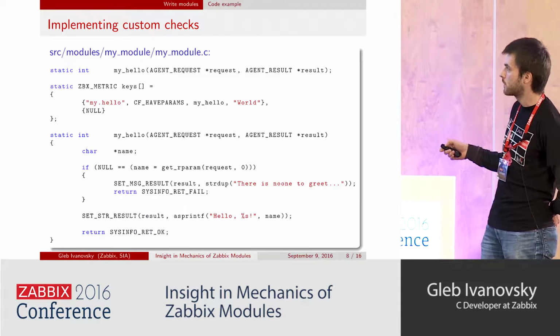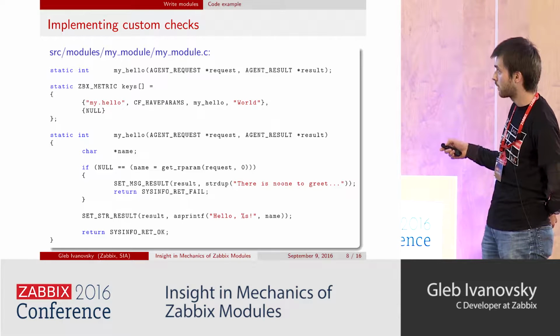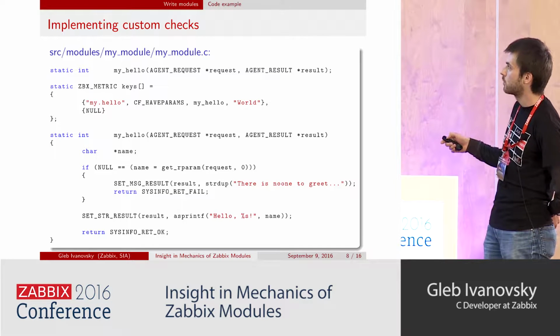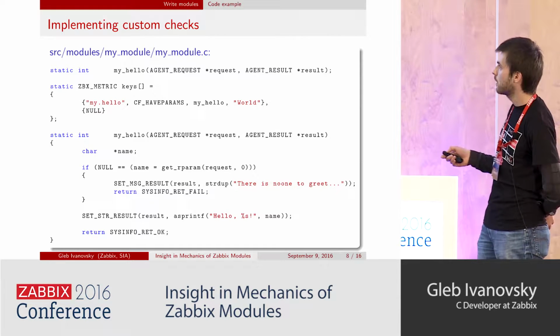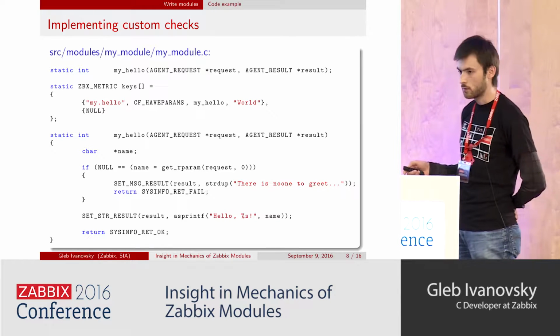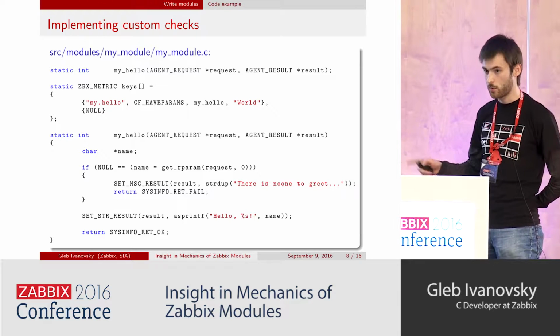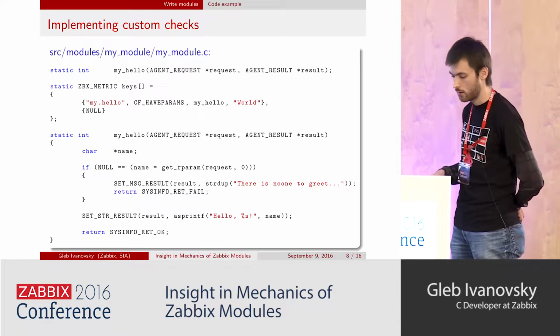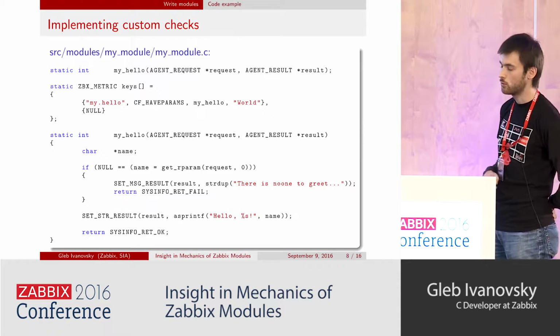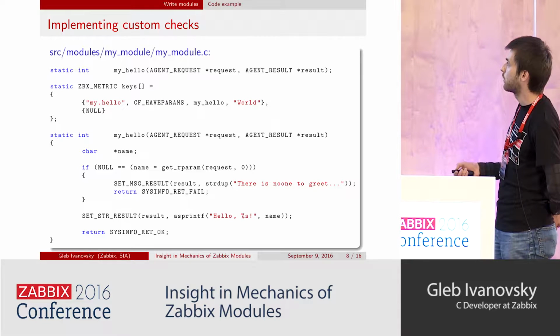Then I tell Zabbix that this item can have parameters. This is the function which will do the work for this item. And this is the test parameter. For example, if I run Zabbix agent with the -p option, it will be used there.